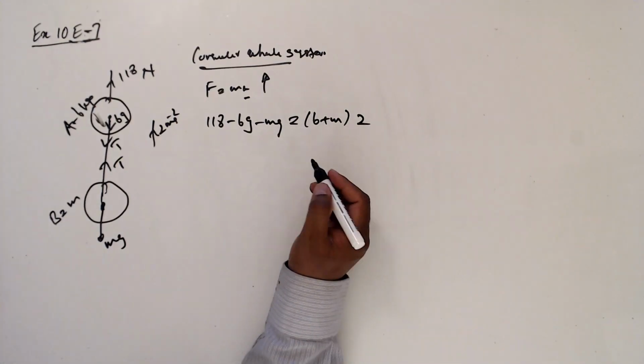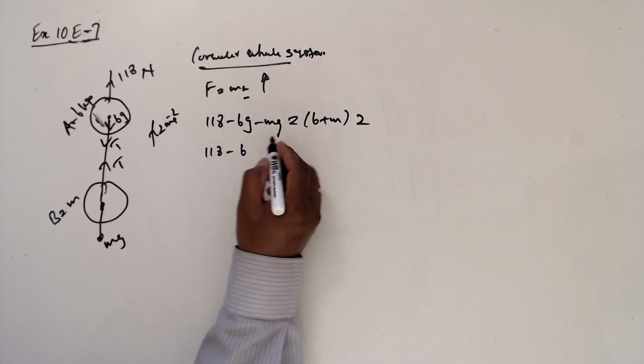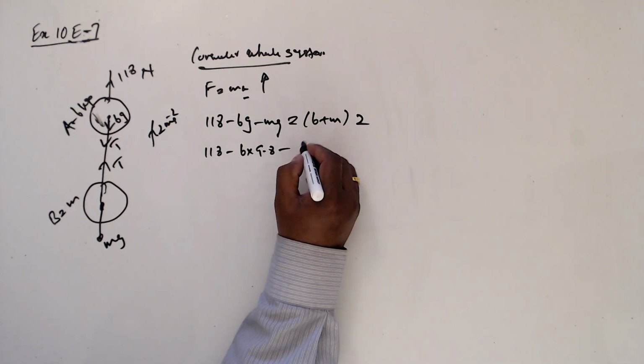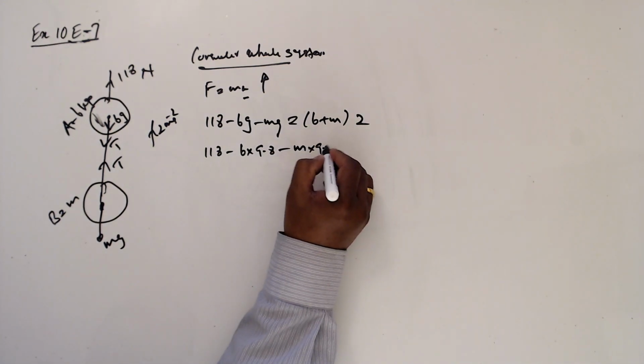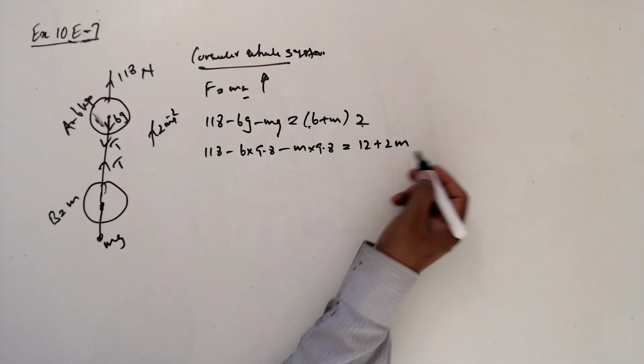Now we have to solve this equation: 118 minus 6 times 9.8 minus m times 9.8 equals 2 times 6, 12, plus 2m.